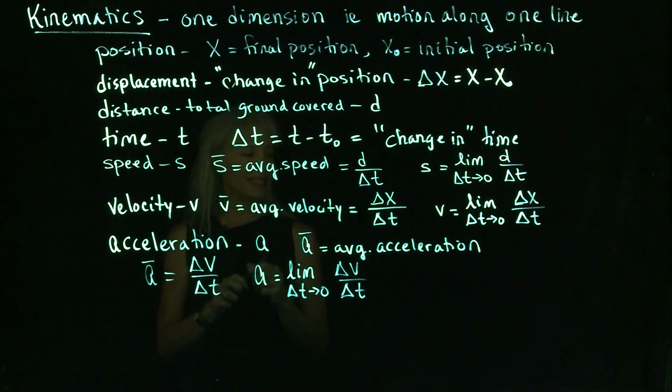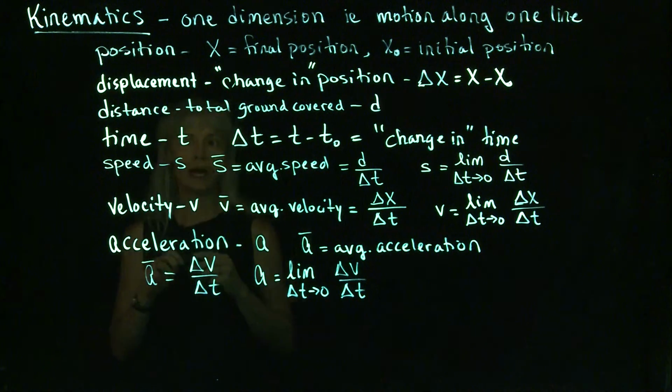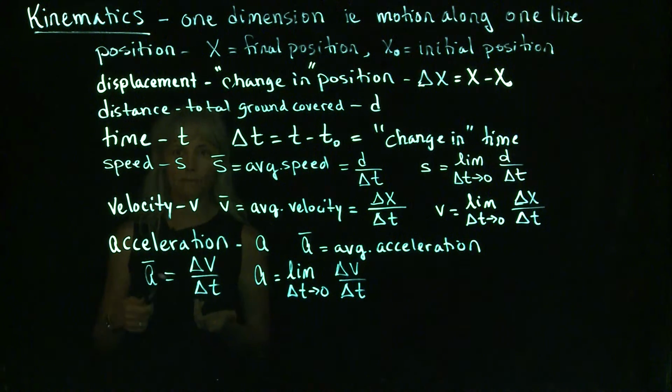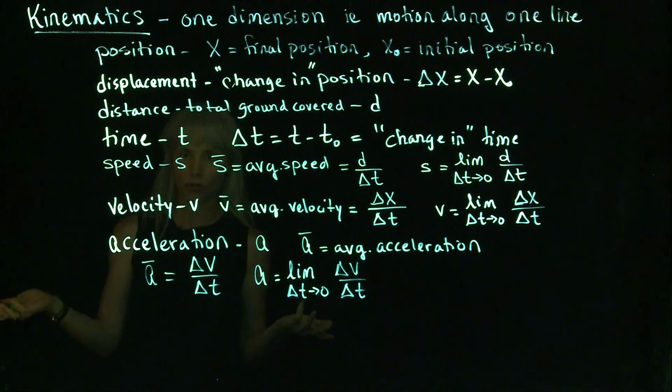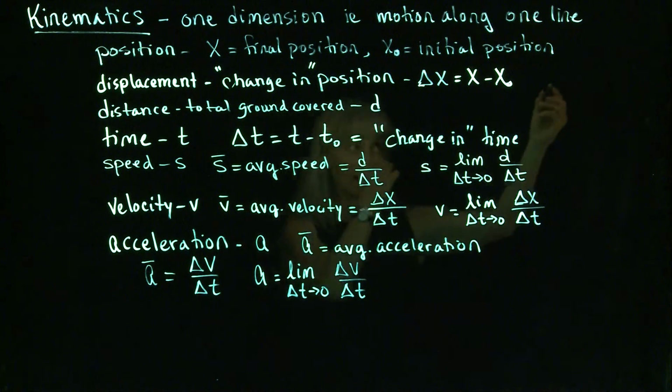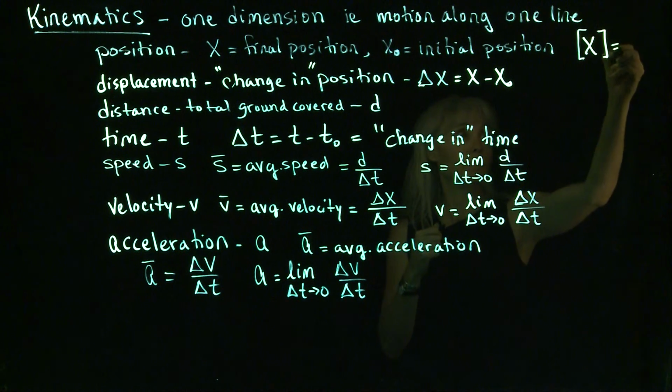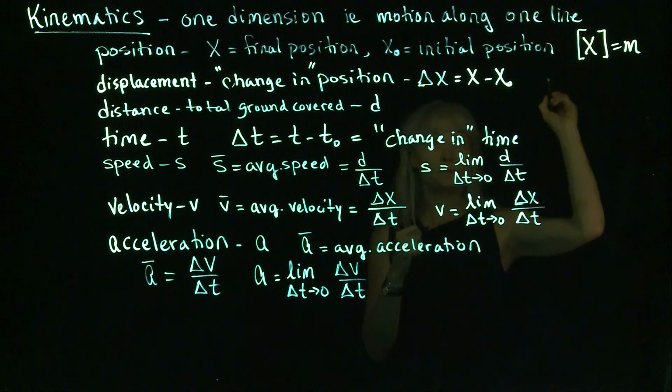So one last thing I want to do before we leave together is just talk a little bit about units. In the scientific community, we use the metric system. And the standard unit for position in the metric system is going to be some position in space in meters. So x is going to have traditionally units of meters.